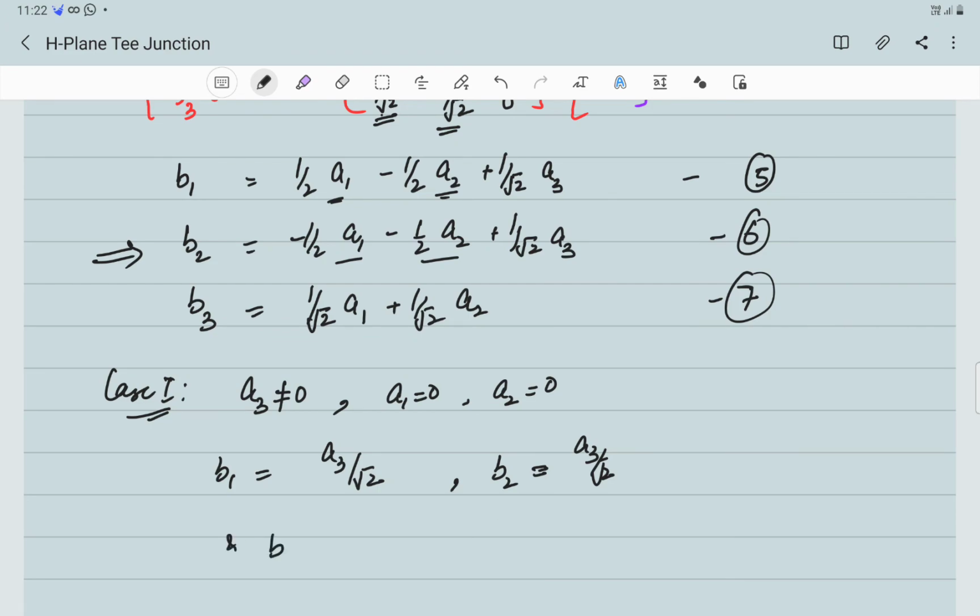And so far as B3 is concerned, equation number 7, B3 is 1 over root 2 A1 plus 1 over root 2 A2; A1 is 0, A2 is 0, so B3 is simply 0.